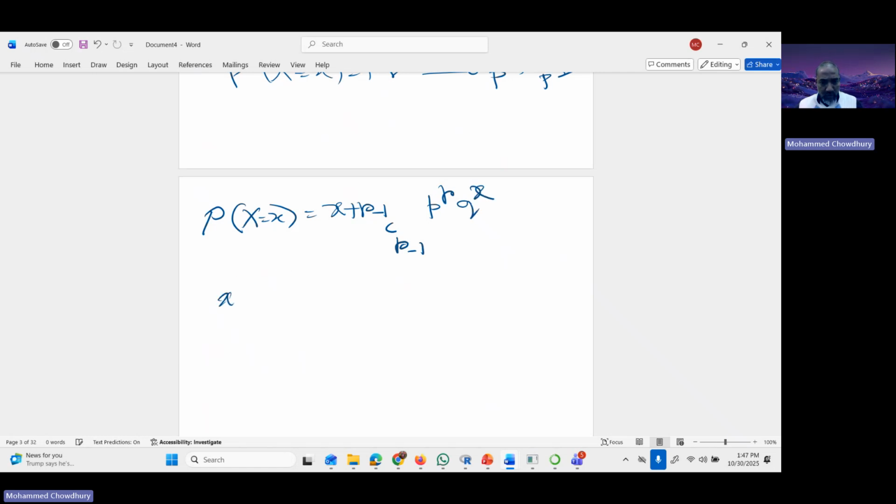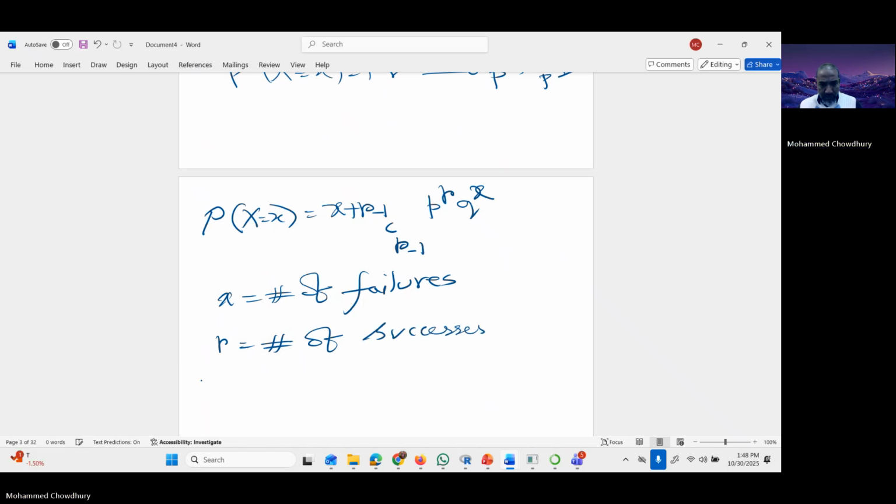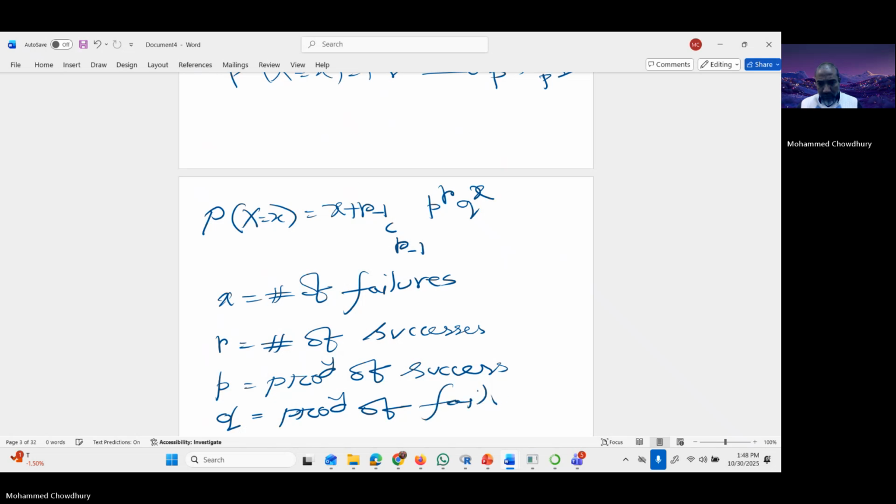Here x equals the number of failures, r equals the number of successes, p equals the probability of success, and q equals the probability of failure. These are the things provided to you, okay?